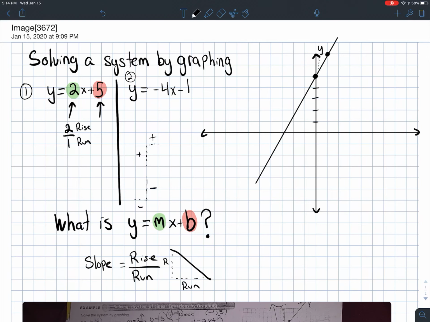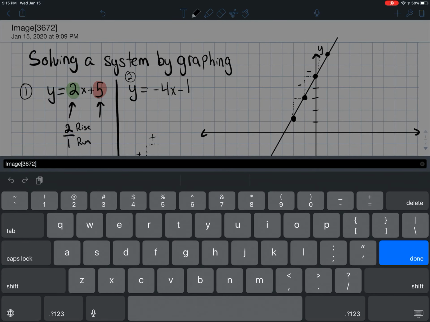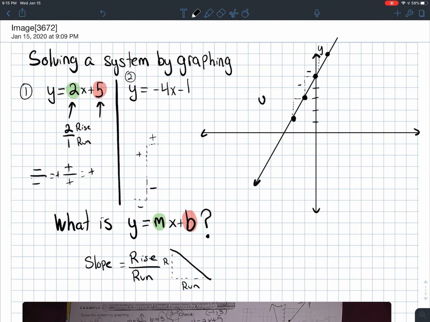It's going to be the same because when you divide a positive by a positive, it's still positive, and when you divide a negative by a negative, you still get a positive number. So it works either way. So in this case, I'm going to go left 2, and then I'm going to go down 2. So negative, negative, and then I can plot my next point. So I'm going to go over 1, and I'm going to go down 2 again, and this is my next point, and you can see that this line is slowly becoming my line y equals 2x plus 5.